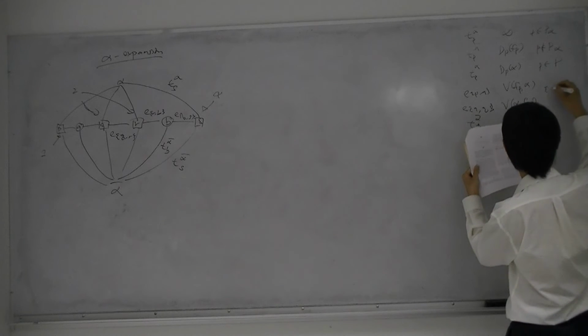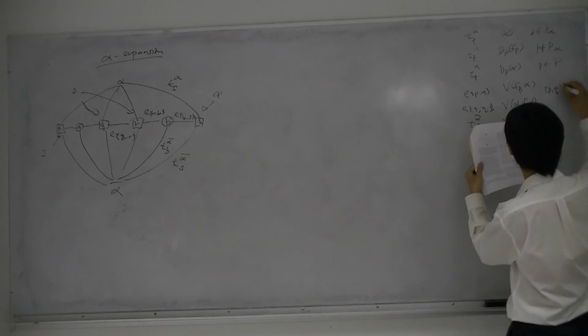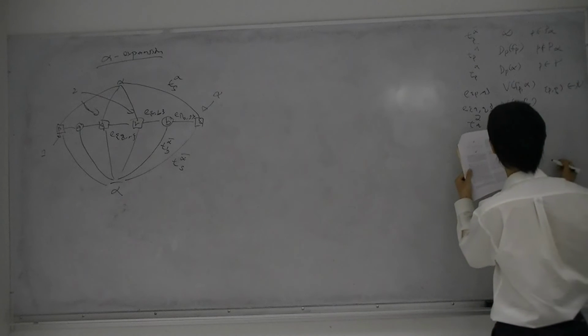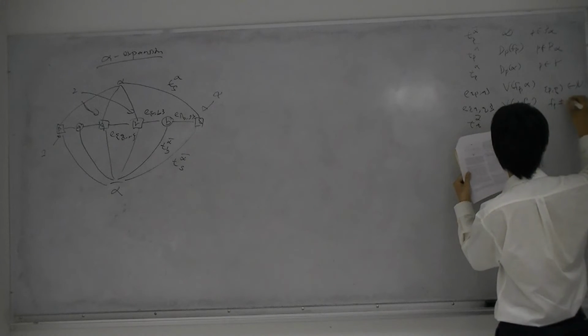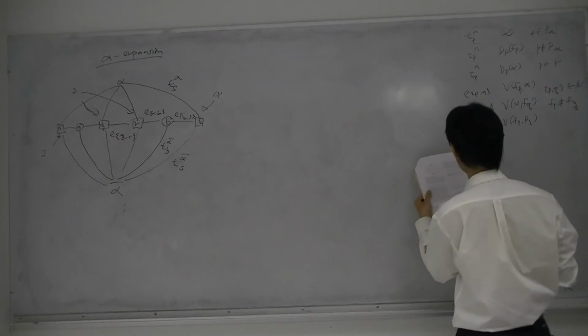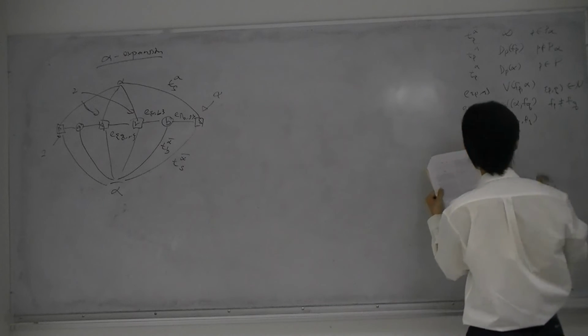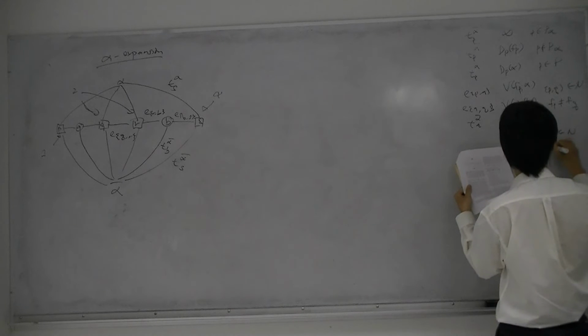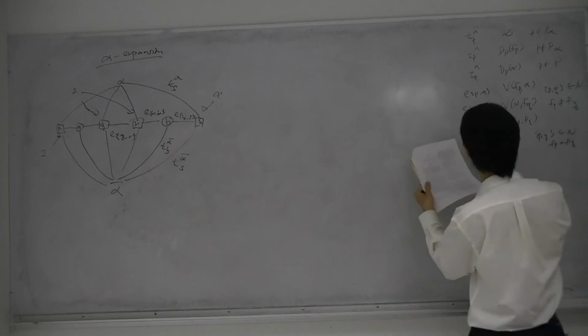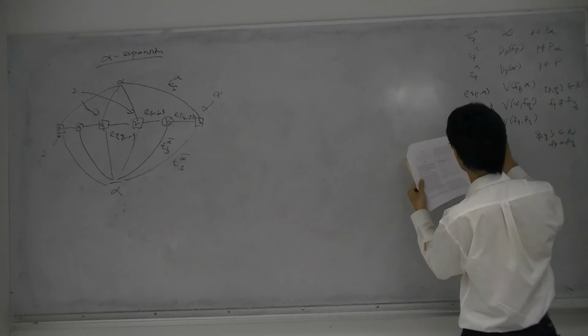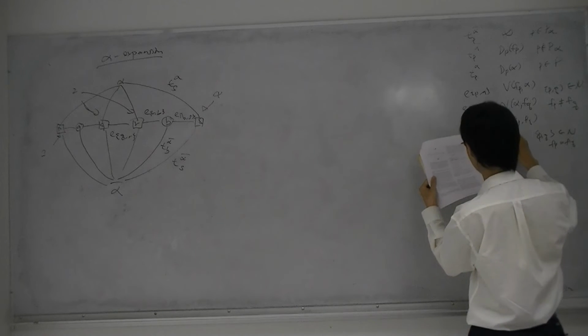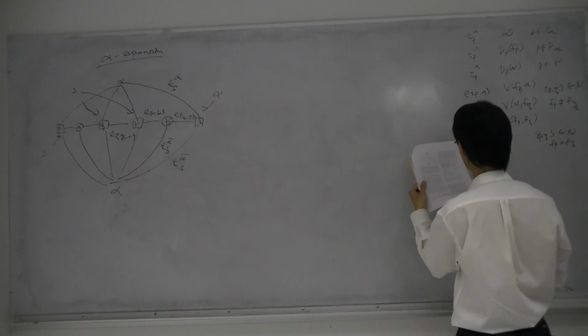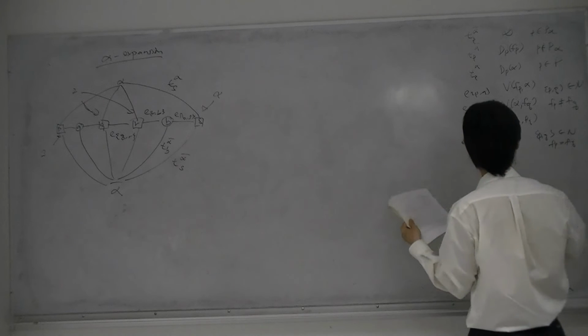This is like if P and Q are neighbors of each other, but FP is not equal to FQ. And if P and Q are neighbors of each other, but FP equal to FQ, then this EPQ is just V FP FQ.